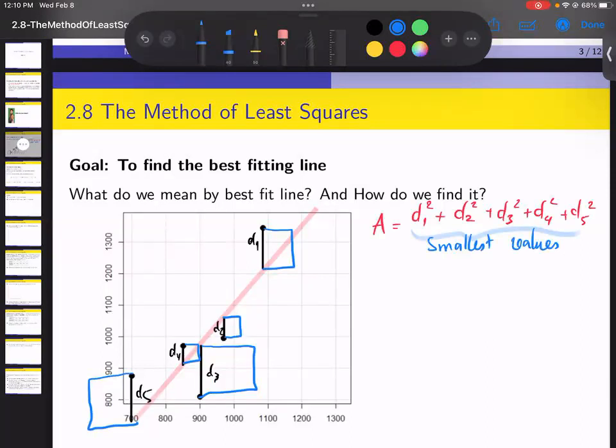Why? Because the distances between the real points and the estimated points on the line are the shortest, so you have less error. If somebody draws something like this, and they add up all those areas, but the total is bigger than the one I had, the red one, then it's not the smallest value.